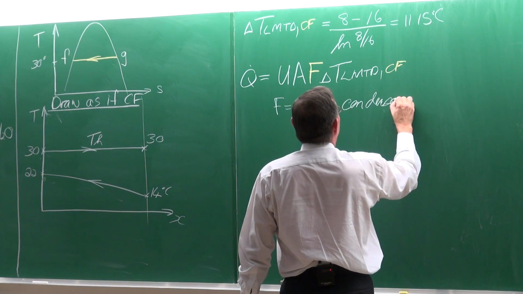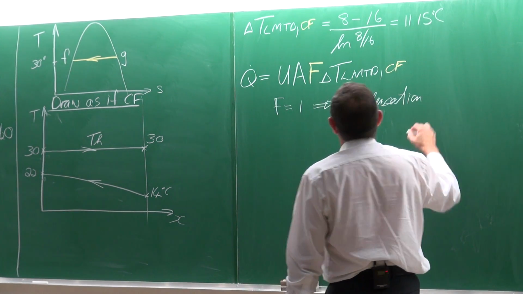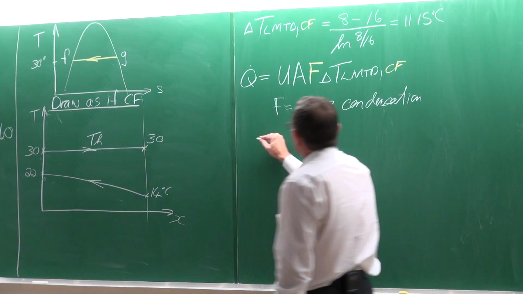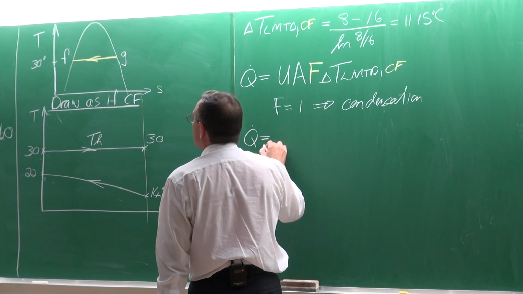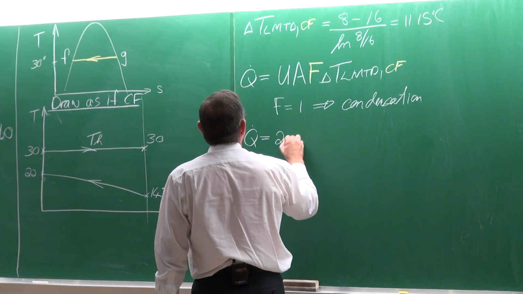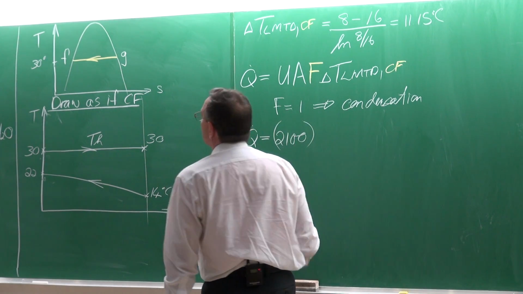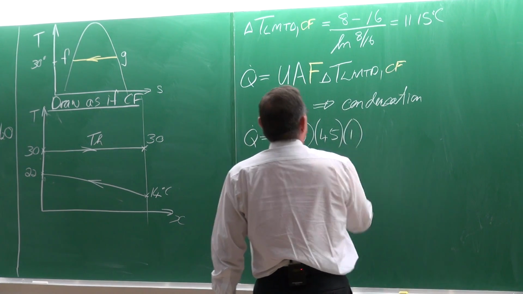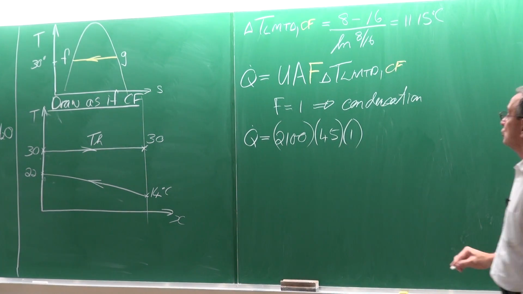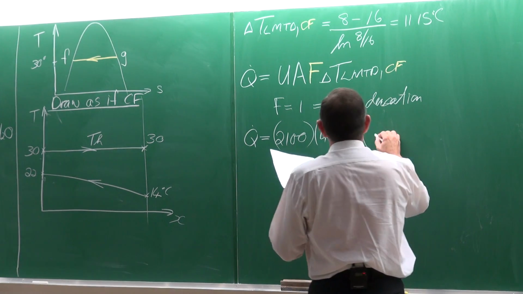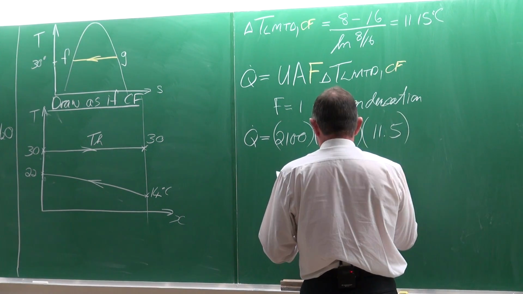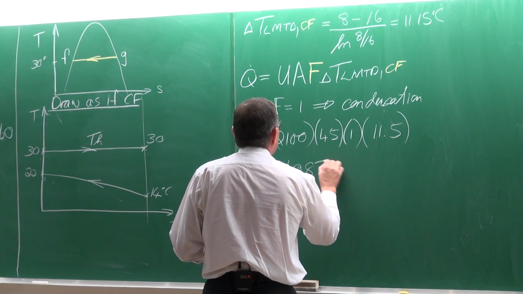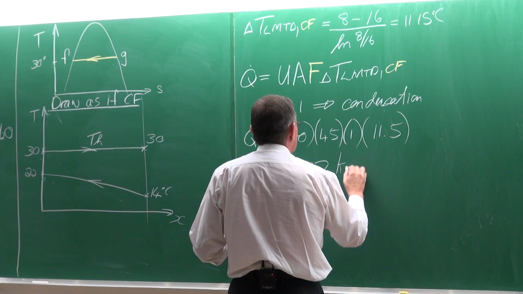Because we have condensation on the hot side. Therefore, calculating the heat transfer rate Q is equal to U, which is 2,100, multiplied by the surface area, 45. The correction factor F is equal to 1, multiplied by the LMTD, 11.5, and that would give us an answer of 1,087 kilowatts.